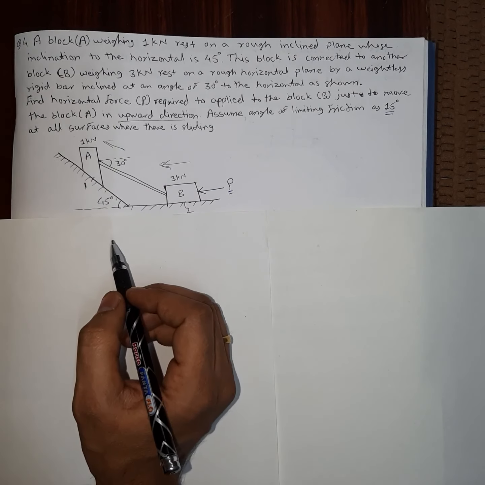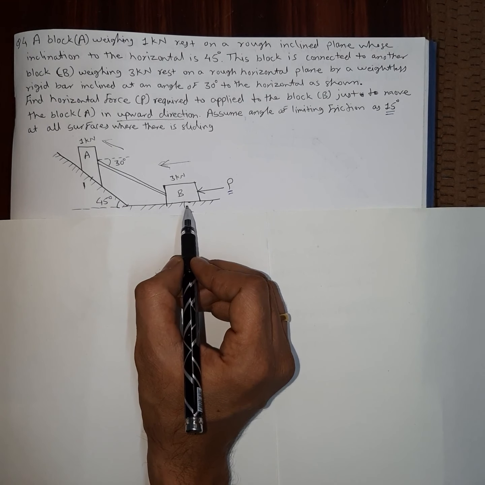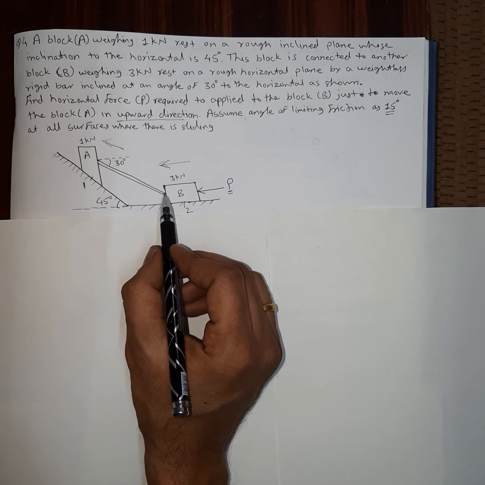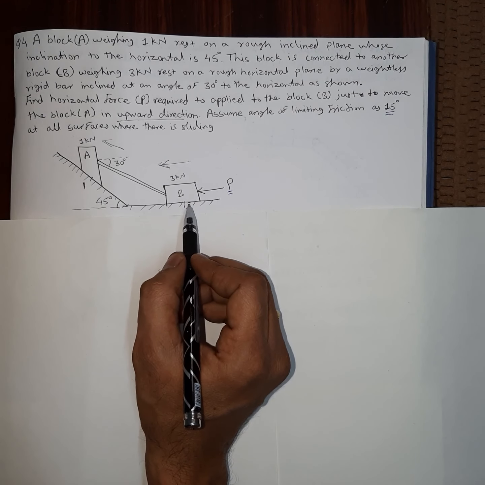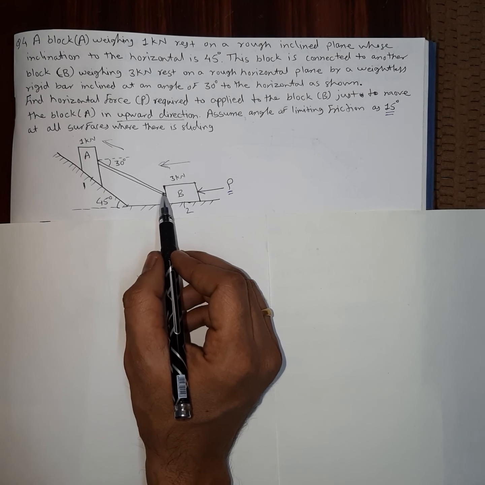Now, the methodology of solving this numerical. If we consider the FBD of block B first, it will contain 1 here, 1 here, and P, so 3 unknowns will be there: P, the reaction at this point, let's name it as point 2, and this rod.